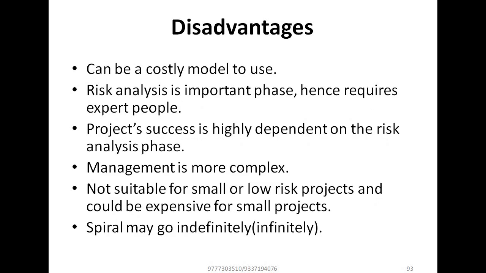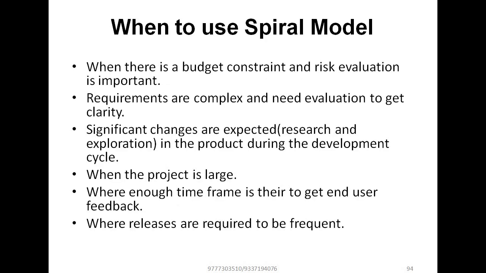Next, what is the main disadvantage? Obviously cost may increase. Since risk is introduced here, it requires more expert people who can handle the risk and avoid the risk. Management is more complex and it is not suitable for small or low risk projects.